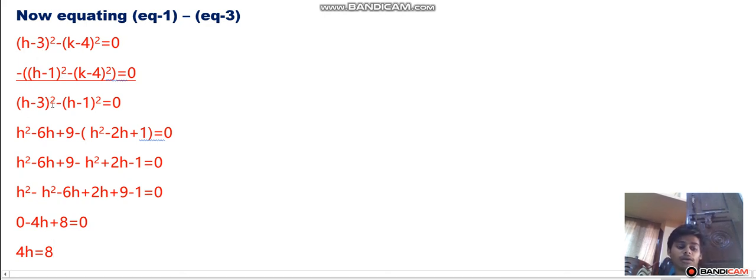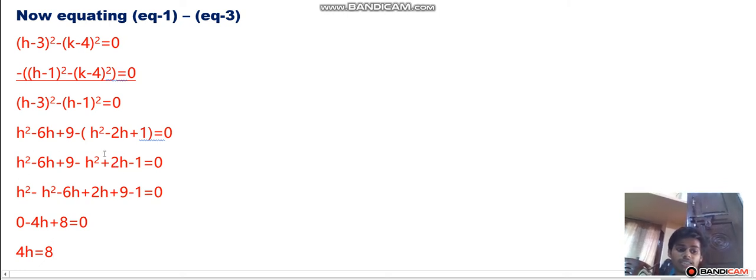Then using the form of (a minus b) whole square, what do we write? h square minus 6h plus 9 minus (h square minus 2h plus 1) is equal to 0. Apply this minus to this one: h square minus 6h plus 9 minus h square plus 2h minus 1 is equal to 0.